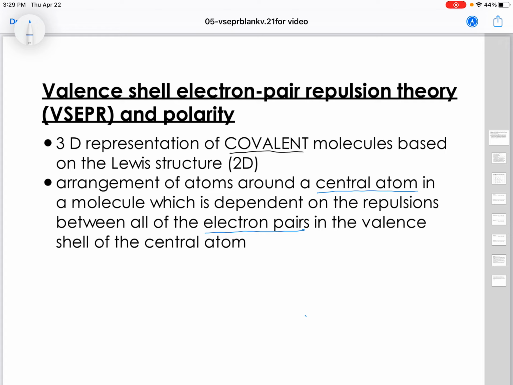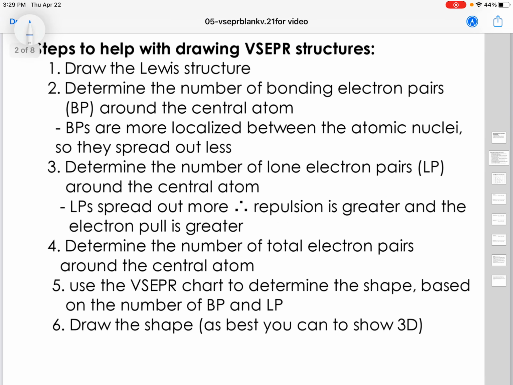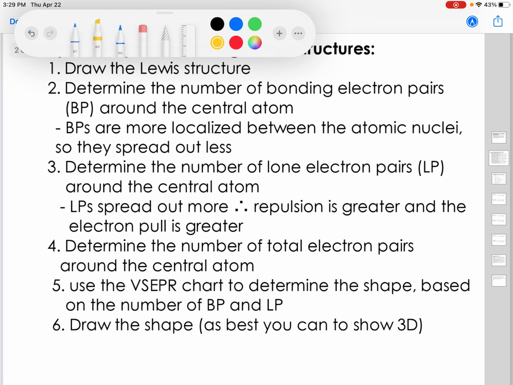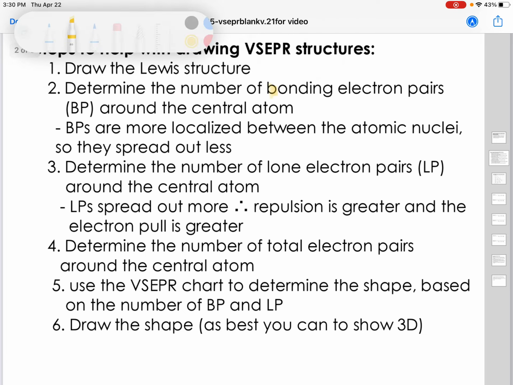Okay? So we are going to look at two kinds of electron pairs. We have bonding pairs, which we're going to use the short form BP for, and we have lone electron pairs, which we're going to use the short form LP for.